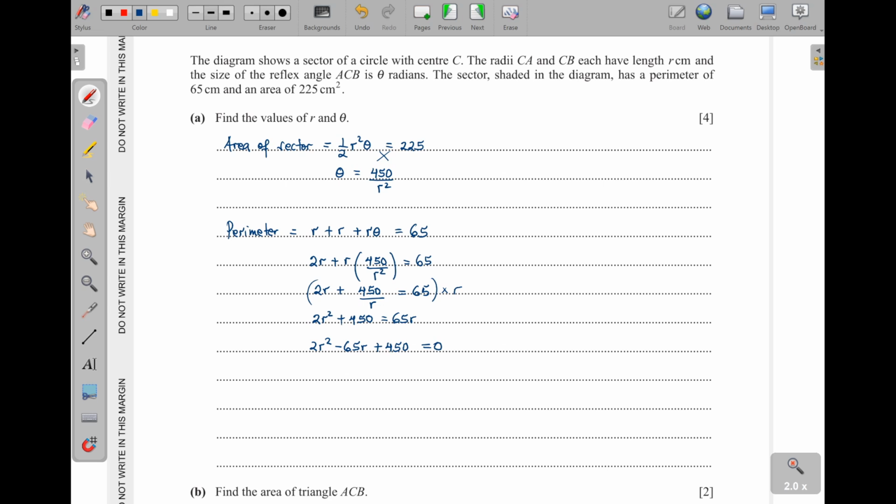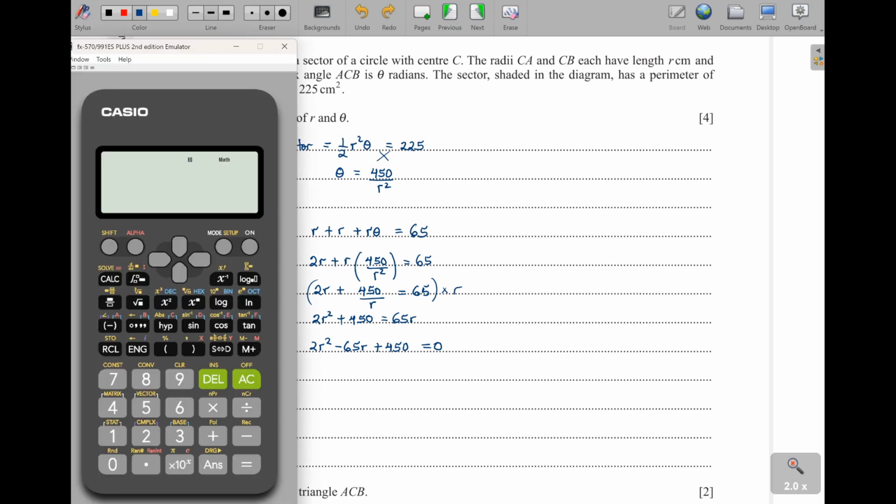After reaching here, I can use my calculator to see whether it is factorizable. I will go to equation, that is 5, then quadratic is 3, that is a 2, then negative 65, then 450. This gives 45 over 2, and then 10.